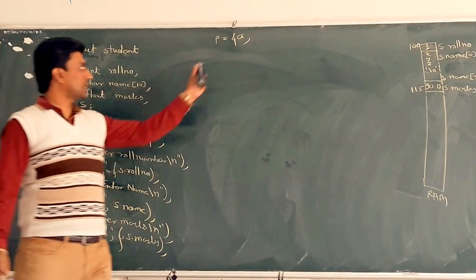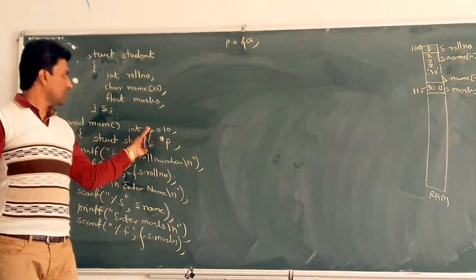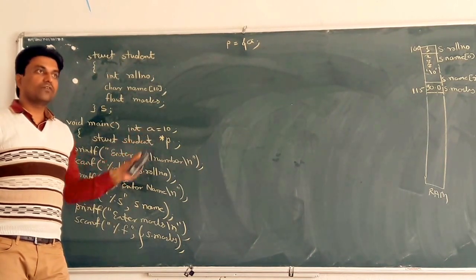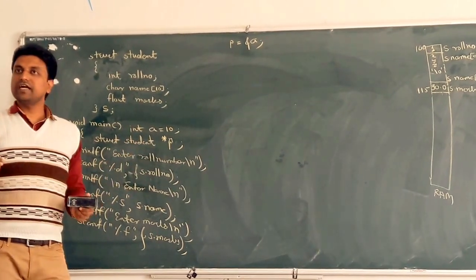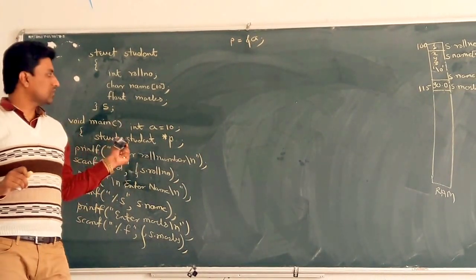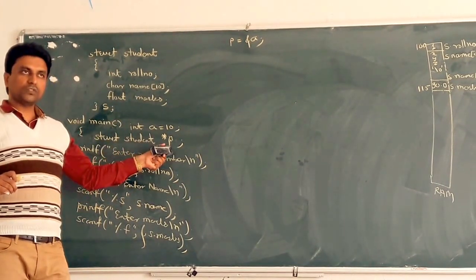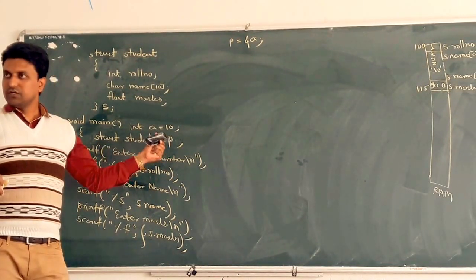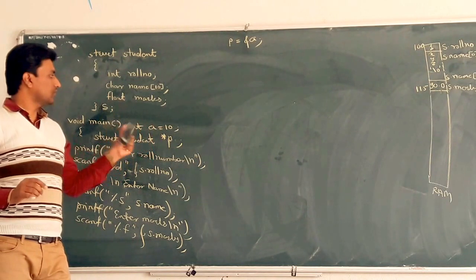No. We cannot store the address of a because a is of type int. For storing the address of a, what do we require? We require an integer pointer. We cannot store the address of a in the p pointer because p is of type struct student pointer. So what do we store?